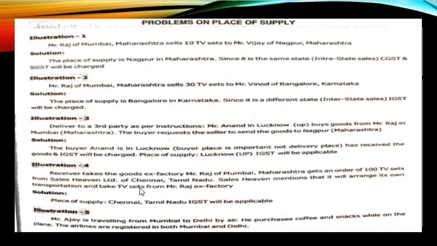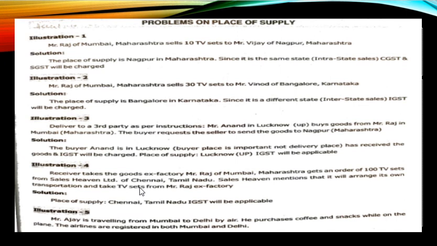The place of the receiver of the goods and the place of the supplier of the goods will be used to determine whether it is intrastate or interstate. So here it is interstate because the supplier's place is in Maharashtra and the receiver's place is in Chennai. So the place of supply is Chennai, Tamil Nadu, and IGST will be applicable.